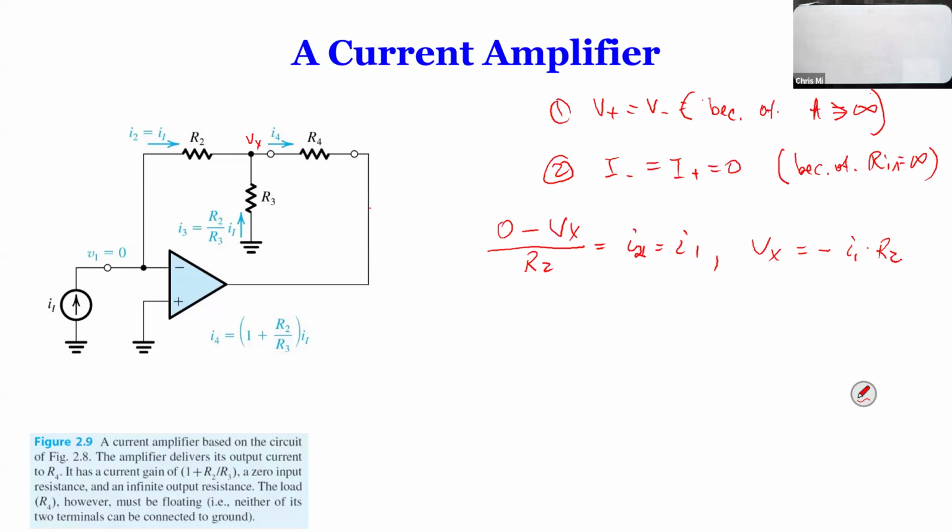It's important to visualize that Vx is negative. Why? Because you have current going that way, and this is 0. So voltage Vx has to be lower than 0 for current to flow. Current has to flow from 0 to a lower voltage. Therefore, Vx is negative.